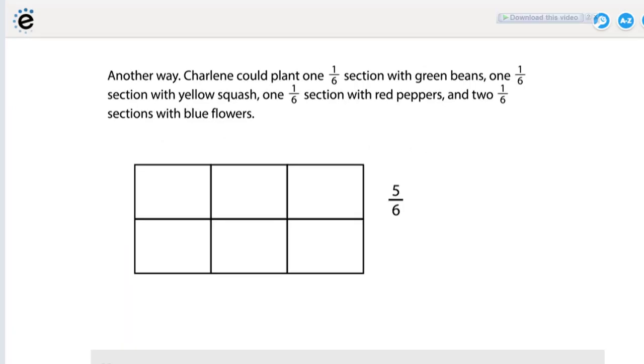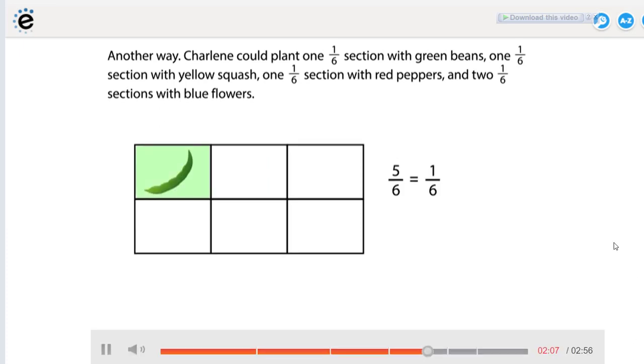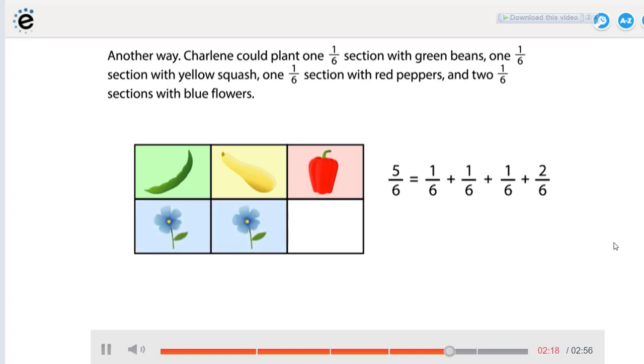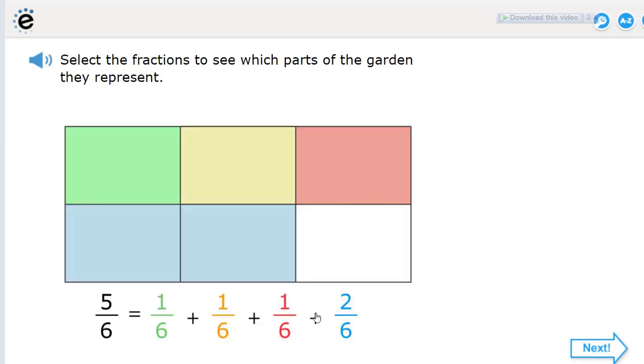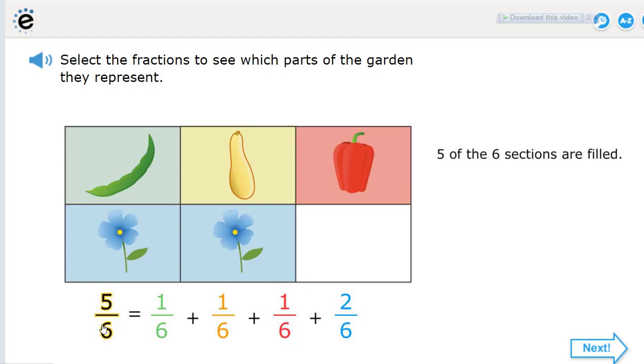Another way. Charlene could plant 1 1/6 section with green beans, 1 1/6 section with yellow squash, 1 1/6 section with red peppers, and 2 1/6 sections with blue flowers. Okay, let's do this again, my heroes. Of course, 5 of the 6 sections are filled.